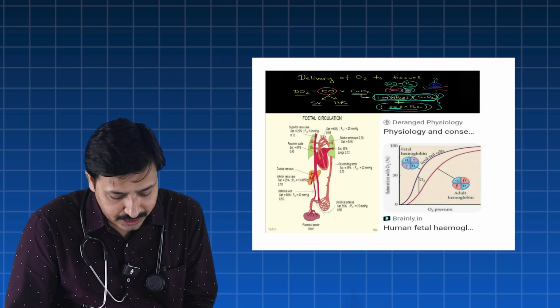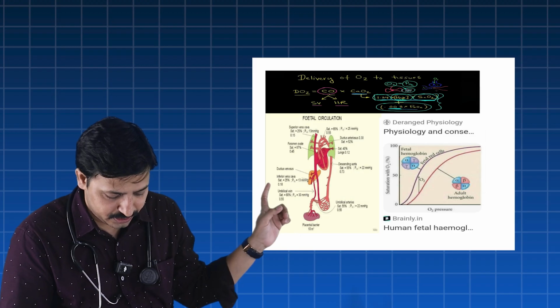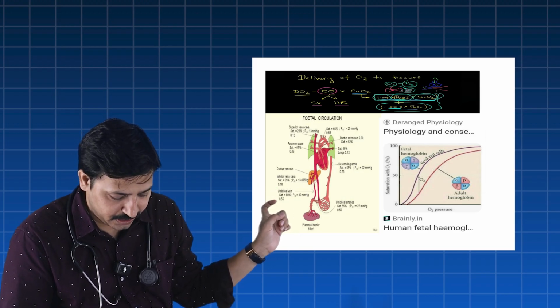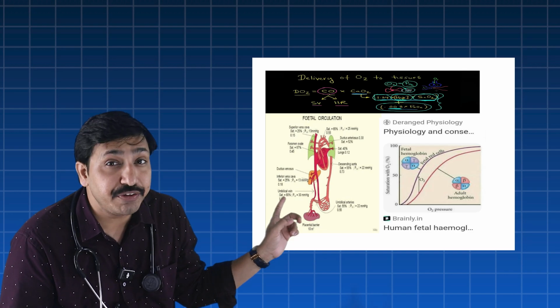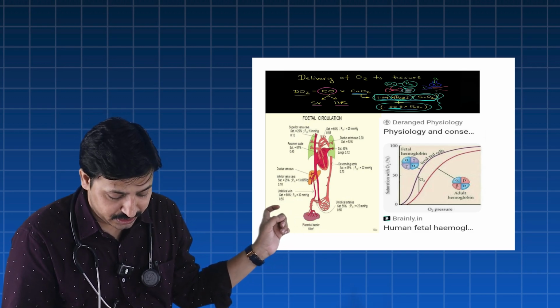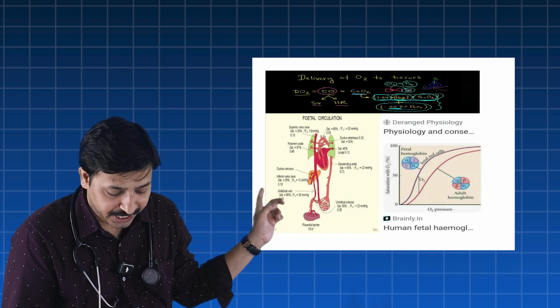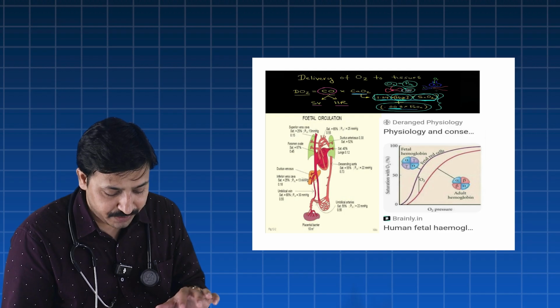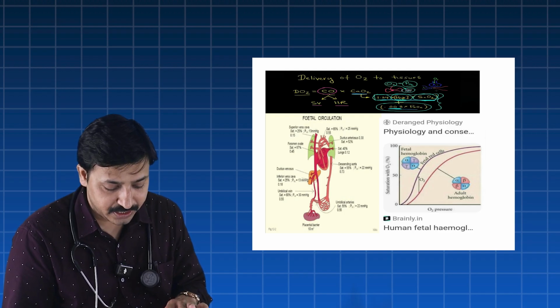You can see there is a ductus arteriosus at 52%, whereas the saturation is predominantly in the ascending aorta at 65%. In the ductus venosus, you can see somewhere around these values. Umbilical vein saturation is 80%. Inferior vena cava is 20%. When they get mixed, it is somewhere around 62 to 65%.